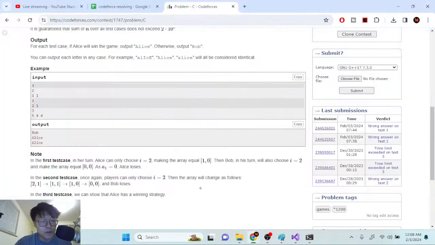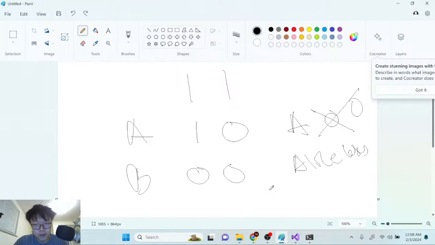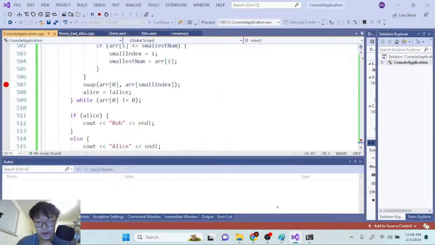Right? But Bob wins. It's because on Alice's turn, it hits 0. It's not like an after a turn. So I think I understand the problem correctly. Like the next turn, if it reaches 0, then if it's Alice's turn, Bob wins. If it's Bob's turn, Alice wins. So I think this is right.